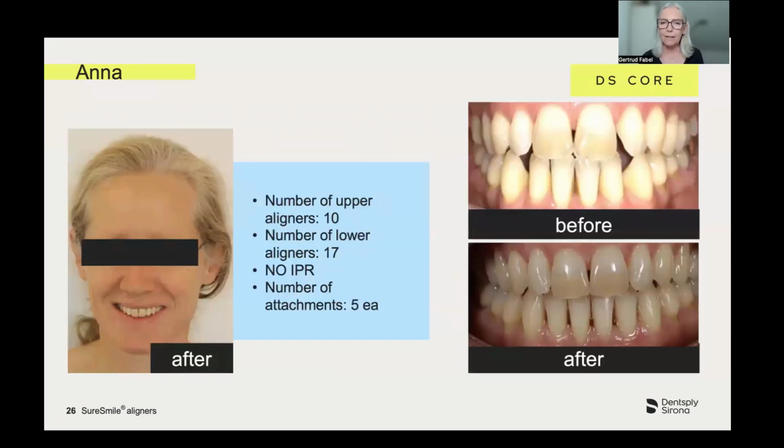Well, so in the staging it was 10 aligners for the upper jaw, and for the lower jaw 17 aligners, no IPR, of course, and 5 attachments.